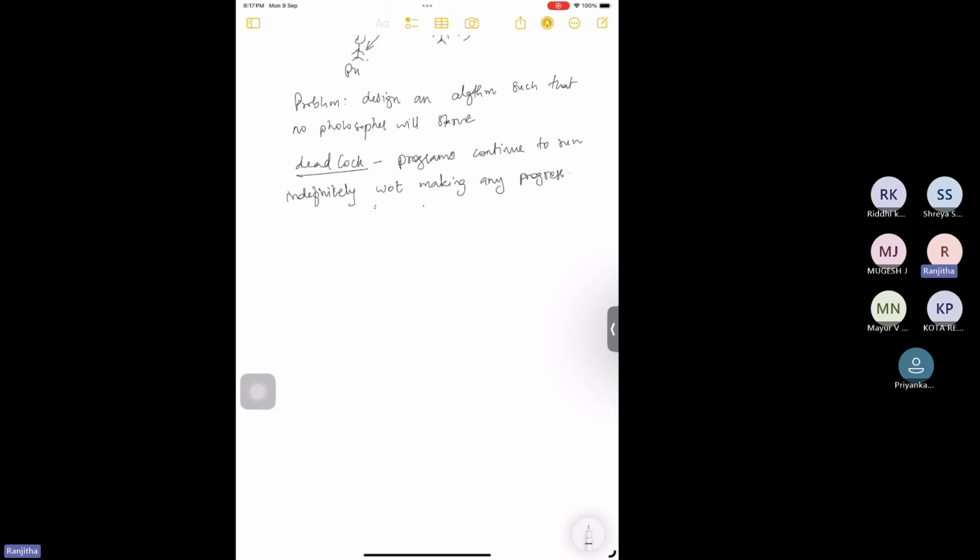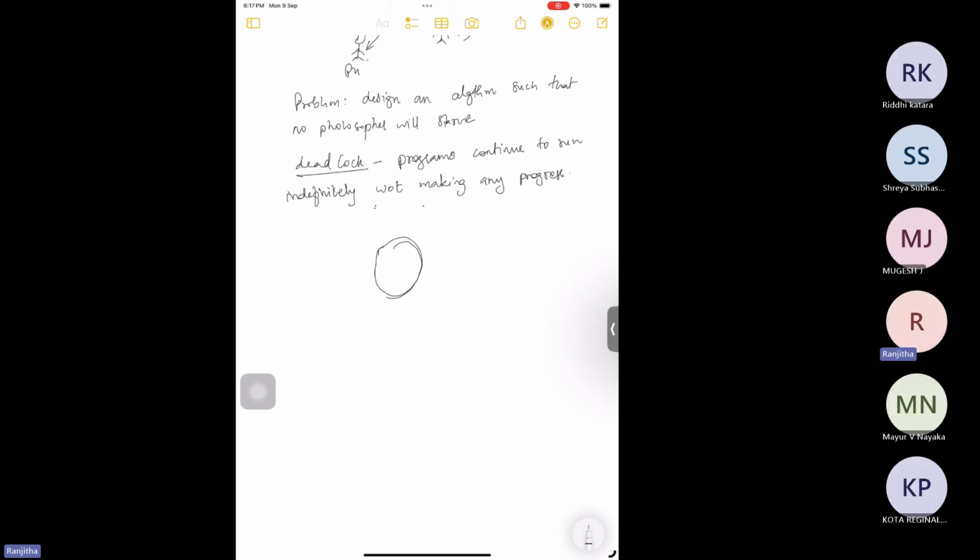Sometimes we observe this in traffic signals. For example, recently I observed near my home there was a circle. They have built a circle here. There is a road this way, a road this way, and people could go like this, and it used to jam.